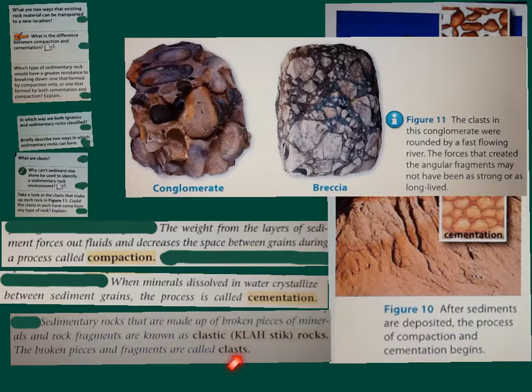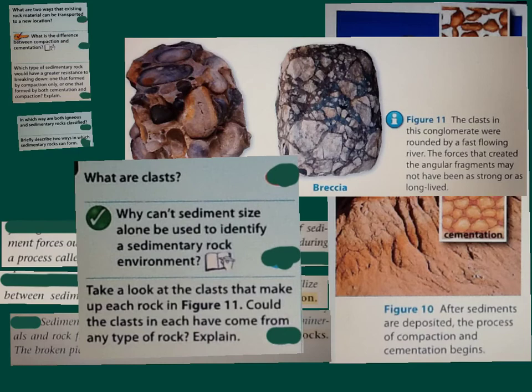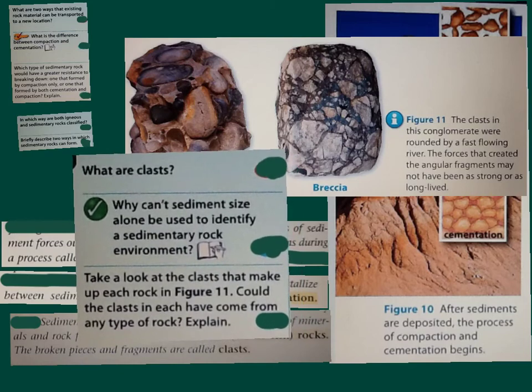Okay, next thing I want you to do, I want you to pick one of these three. What are clasts? That's one of them, this one here. The second one, why can't sediment size alone be used to identify a sedimentary rock environment? That's this one here.